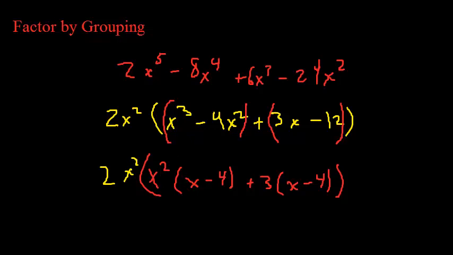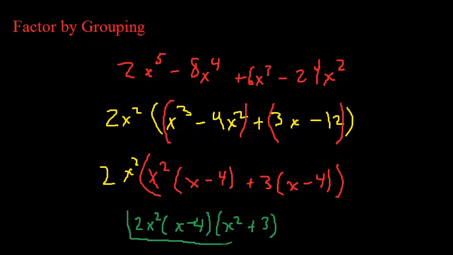Now I want to finish up my factoring inside here. I have that common factor of x minus 4, so I factor out that x minus 4, which leaves me with an x squared plus 3. This, of course, is still being multiplied by my 2x squared, my greatest common factor, and then this is my final answer. It has now been completely factored.